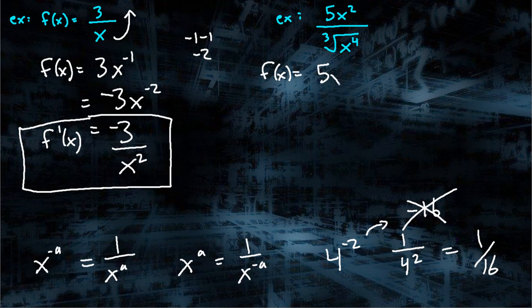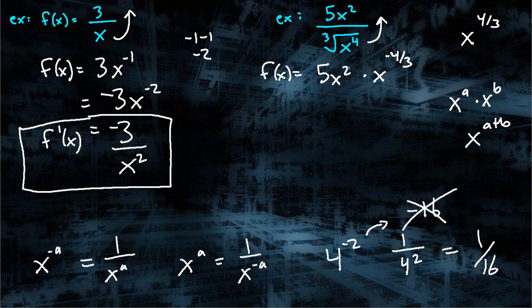So I'm going to go ahead and move this piece up. And when I do, I'm going to want to remember it's x to the 4/3 when I switch it to exponential. So when I move it up, I'm going to have x to the negative 4/3. And now I'm going to have to actually multiply that. So when I multiply it, I need to remember that if I had x to the a times x to the b, I can add my exponents and get x to the a plus b.